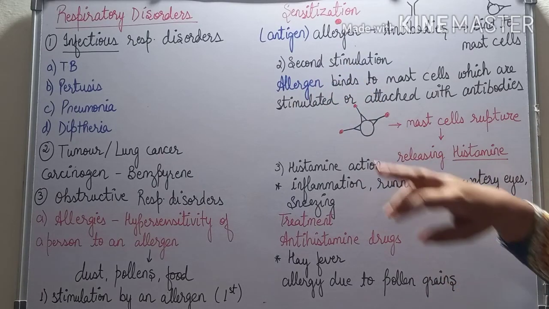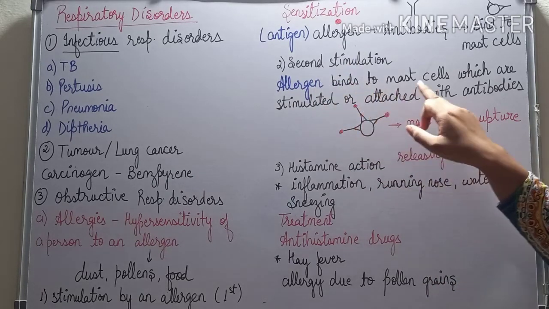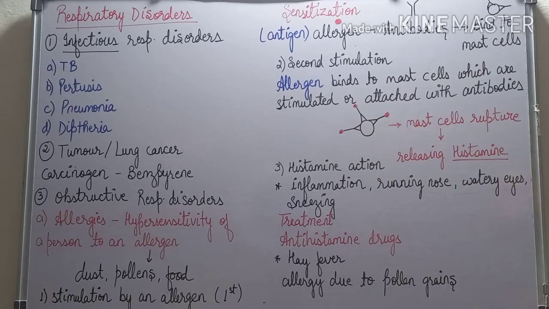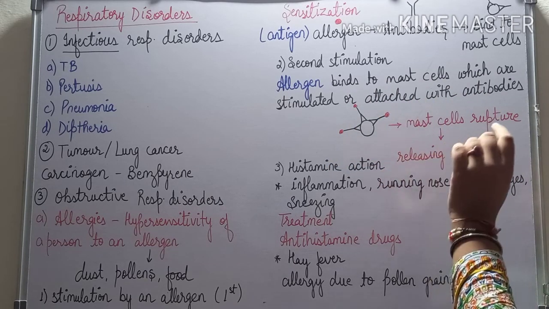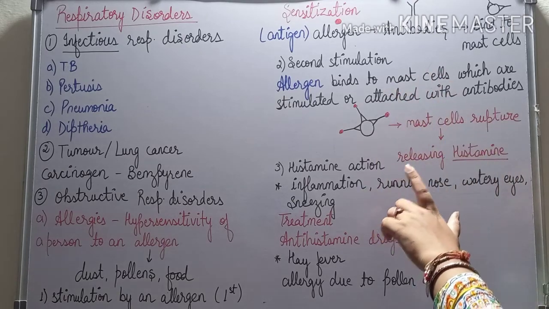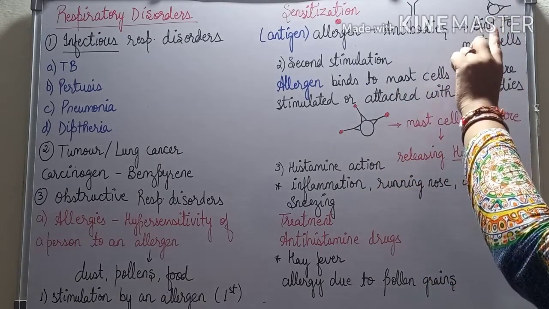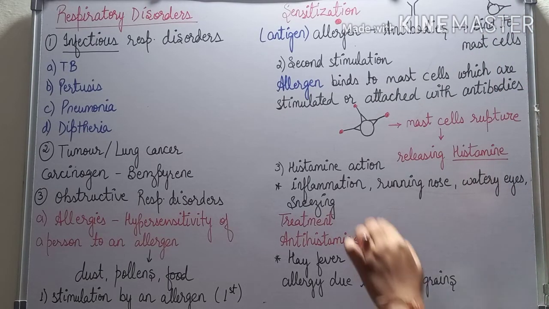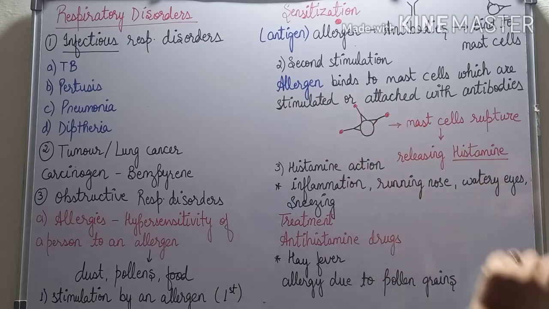Now, the second step is second stimulation. In this second step, what happens? The allergen binds to the mast cells which are attached with antibodies. In the sensitization step, the antibodies got bound to the mast cells. Now, in the second step, the allergen will bind to these antibodies.